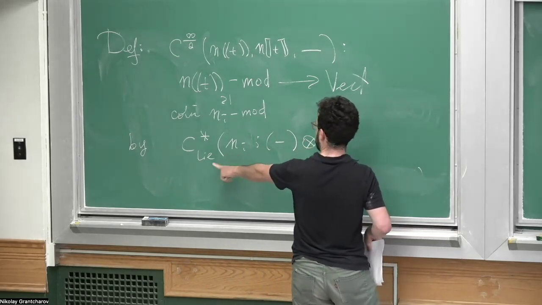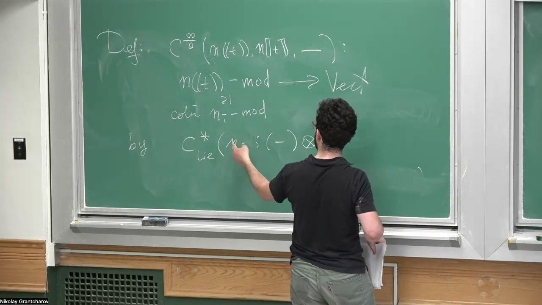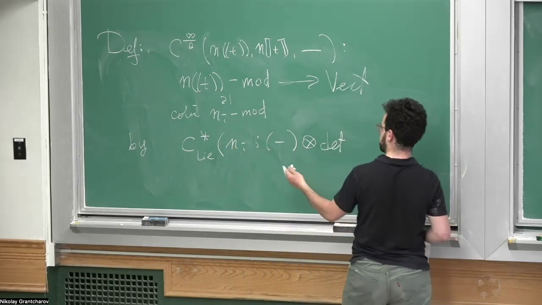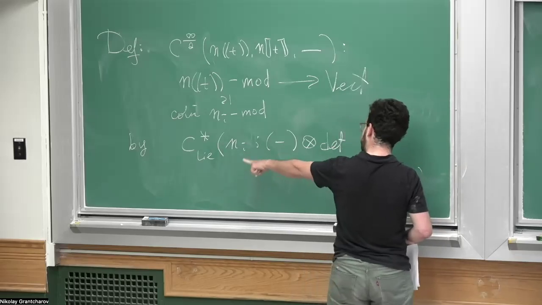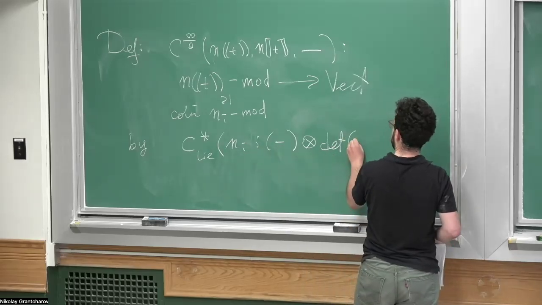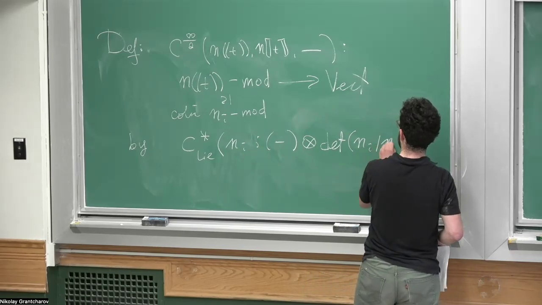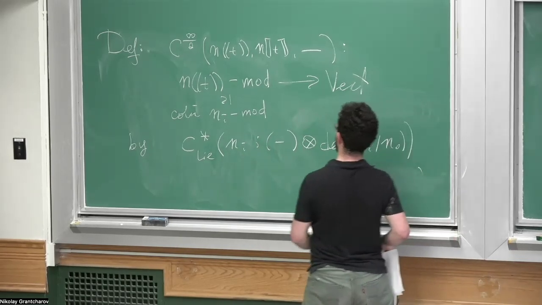So I just have the usual algebra cohomology for this pro algebra.